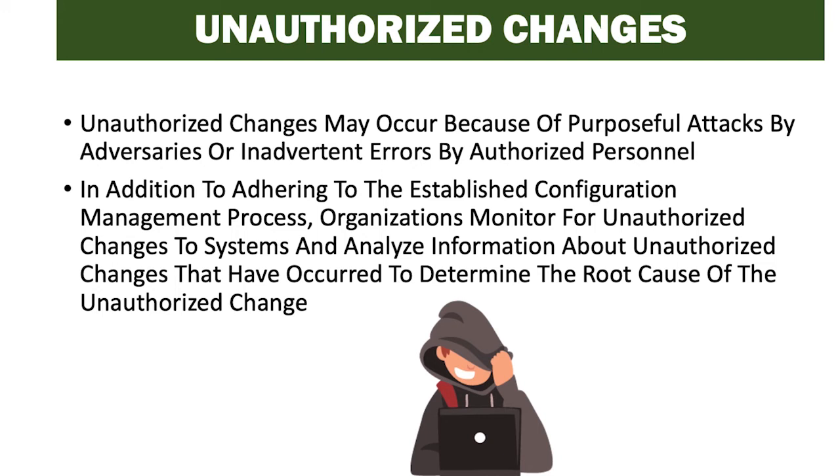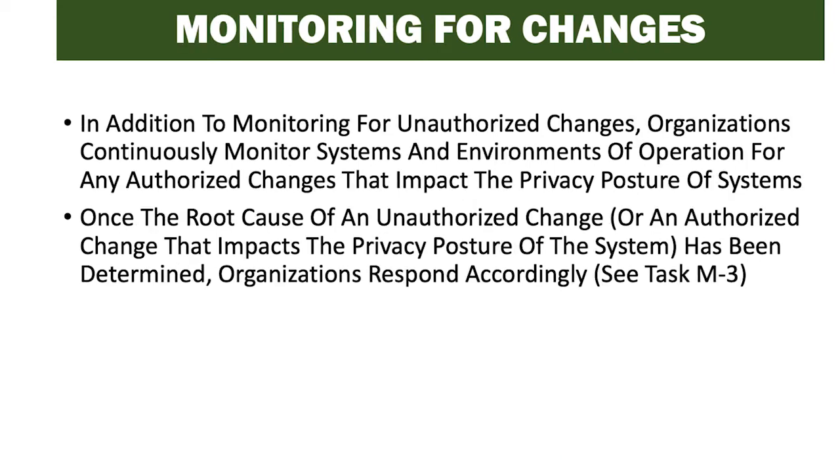So we can have unauthorized changes that are done by adversaries and possibly people attacking the system, or just done by people that didn't understand the change process well enough. So it's important to determine why the unauthorized change occurred and get to the root cause so that this can be corrected and doesn't continue to happen in the future.